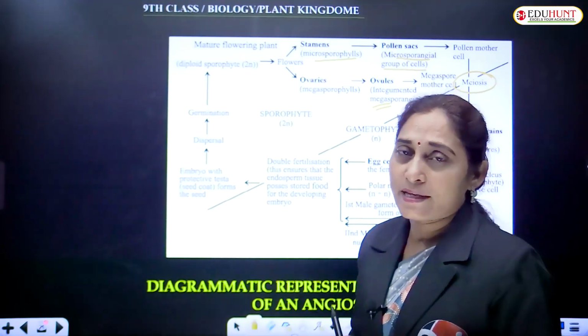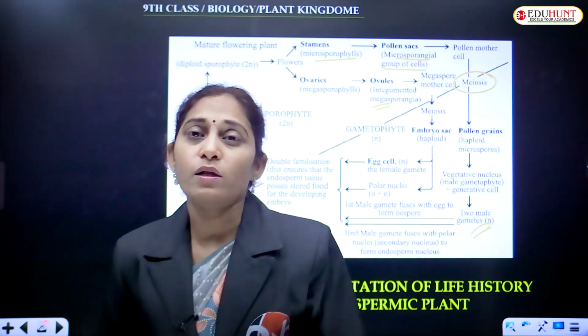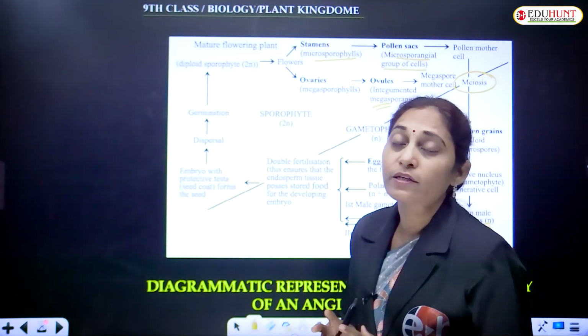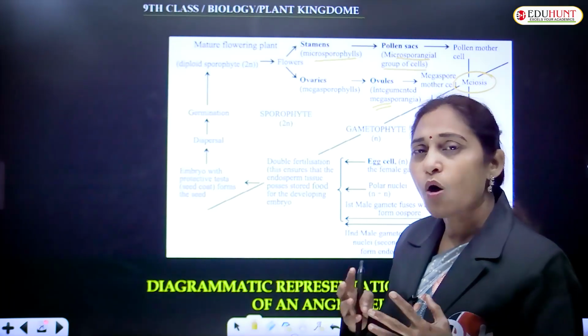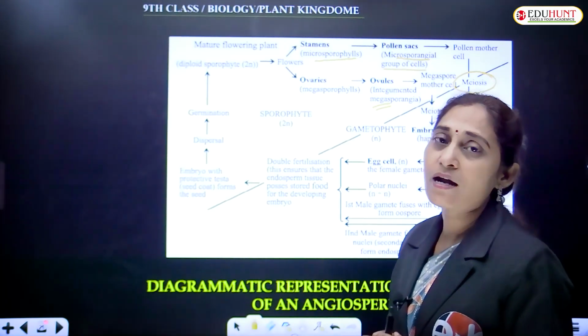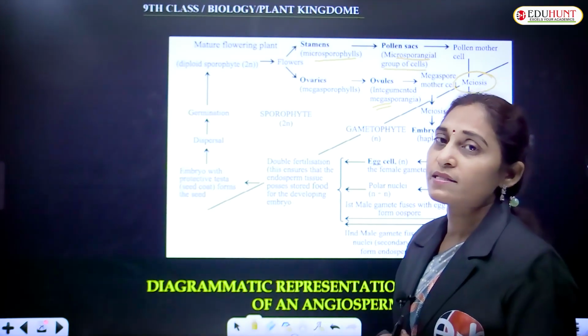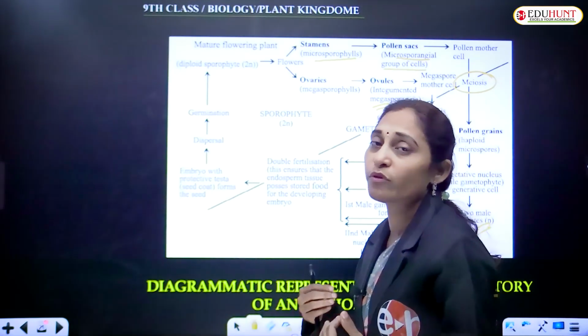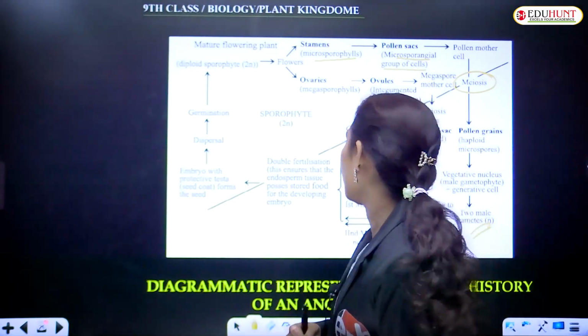All the cells of the embryo sac are haploid except the secondary nucleus or the central cell, because the central cell is the result of the fusion of 2 polar nuclei.